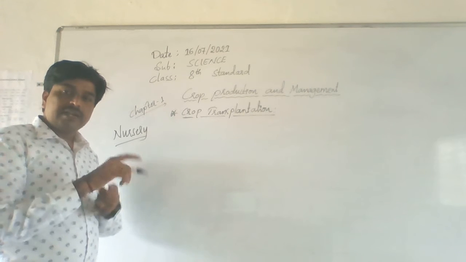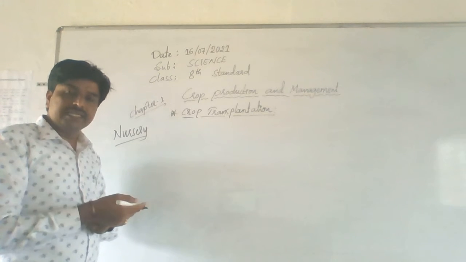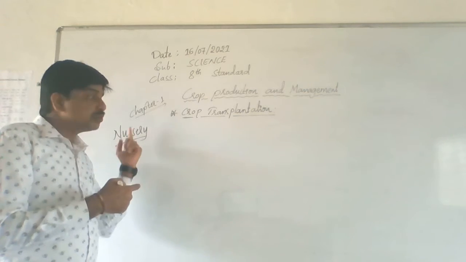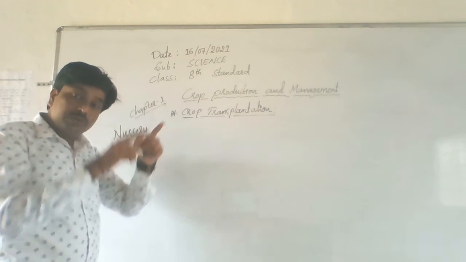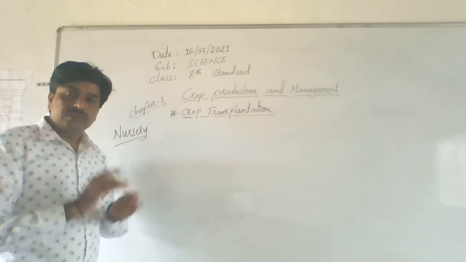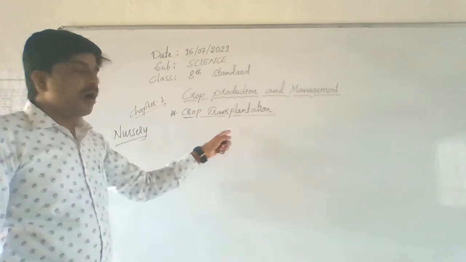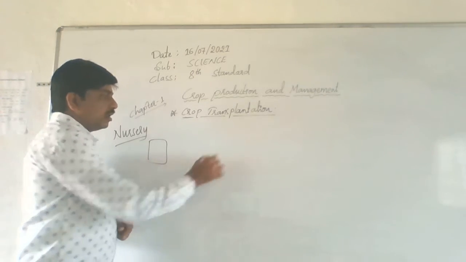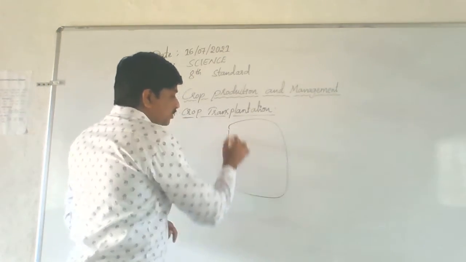So that transferring of seedlings, that means germinated seeds, from the nursery to the main field, we call crop transplantation. So here the nursery is there, here your field is there.